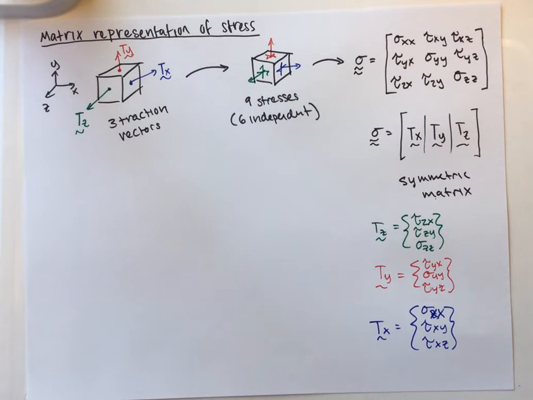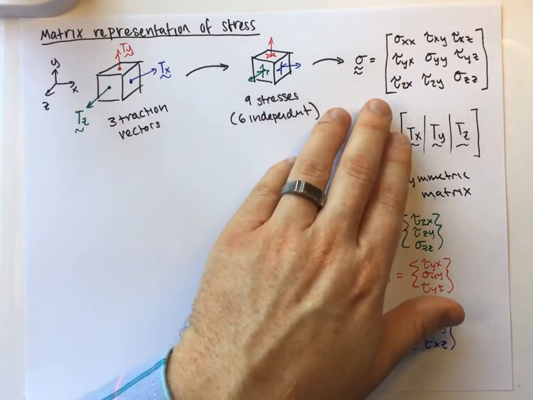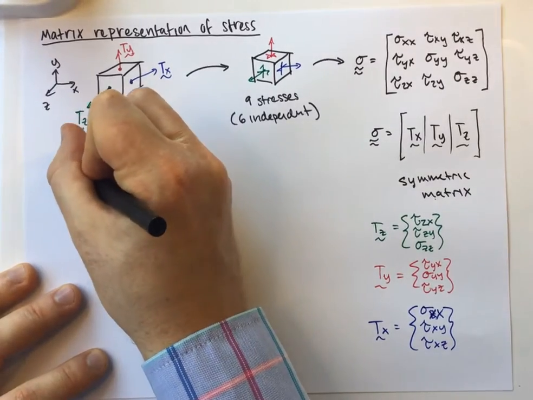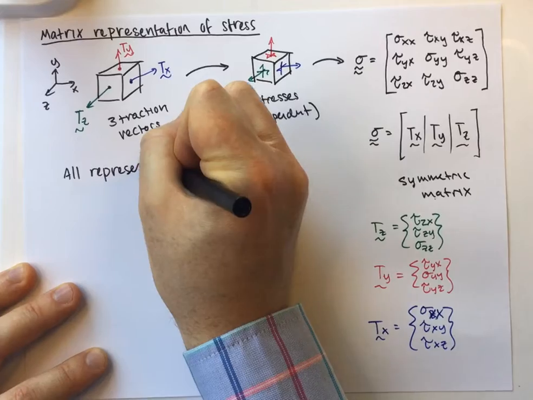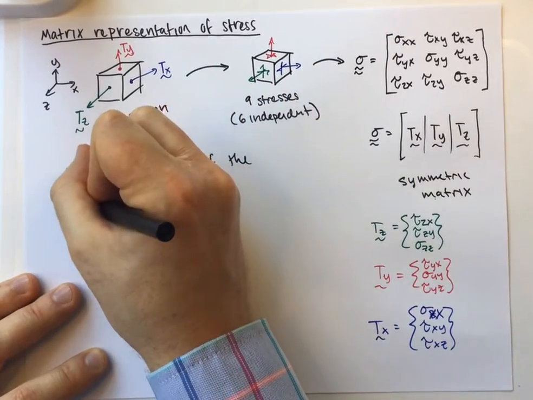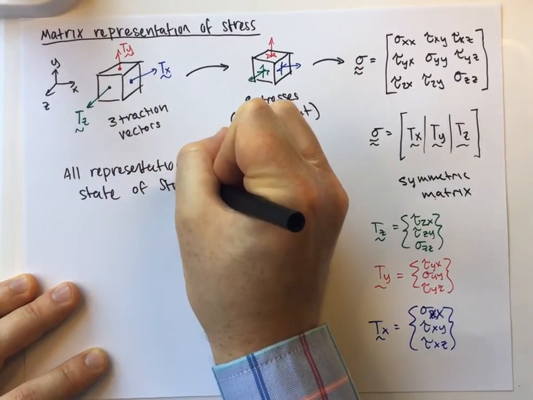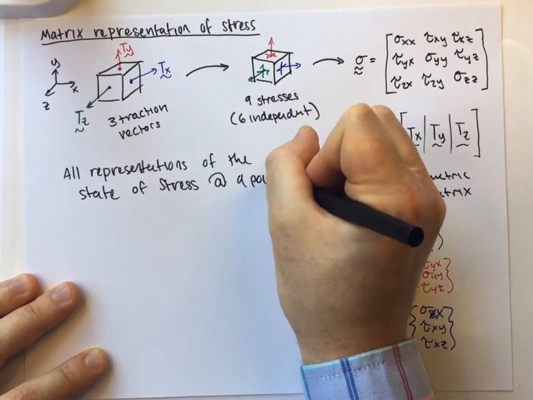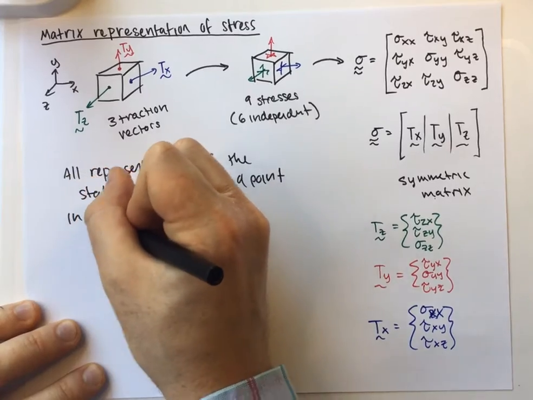Okay? And whether you're looking at the traction vectors, you're looking at the stress cube, or you're looking at this matrix, the key is that all these representations of the state of stress at a point, it's an at symbol, sorry, at a point in a body.